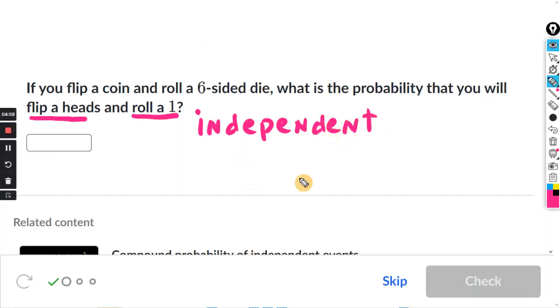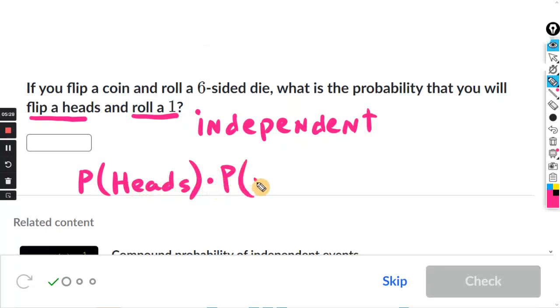They are independent, so you can just multiply the probability of flipping heads and the probability of rolling a 1. All right, probability of heads times the probability of rolling a 1. I'll write it out so you don't get confused. Probability of heads times the probability that you roll a 1.